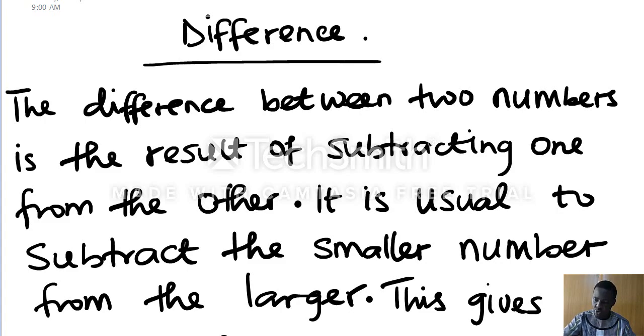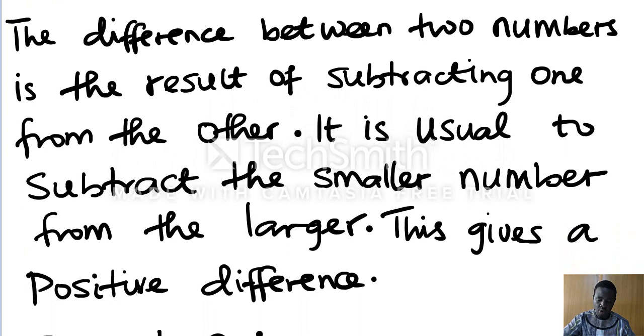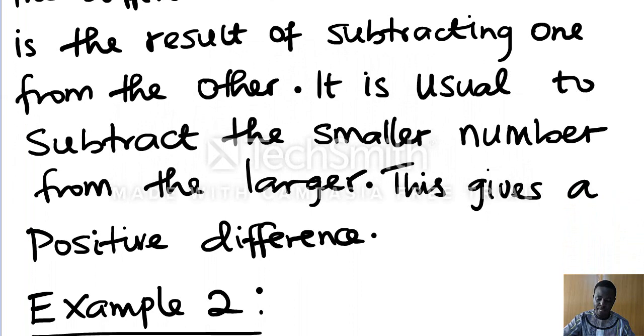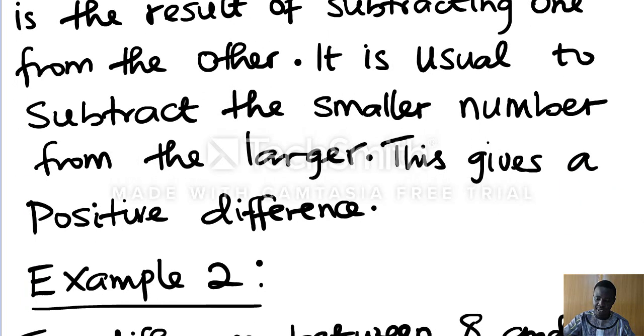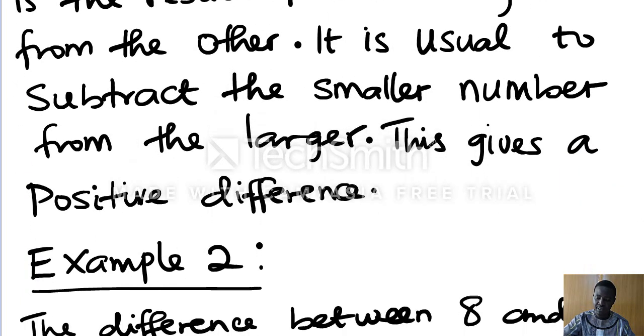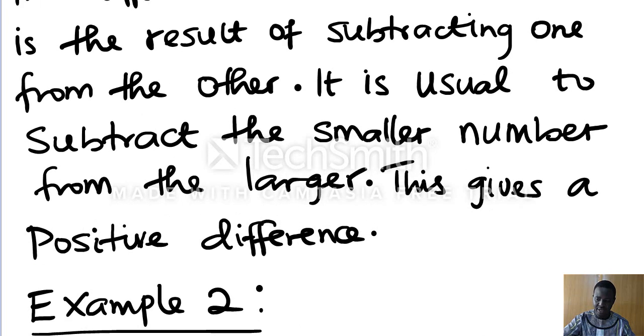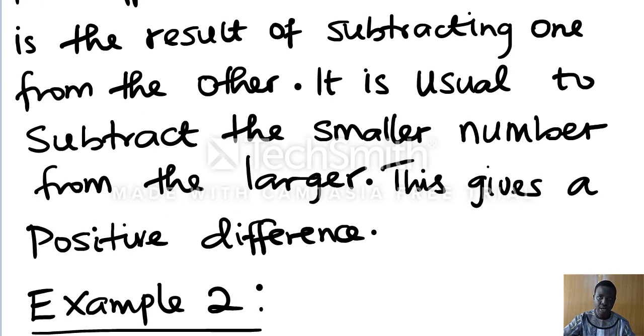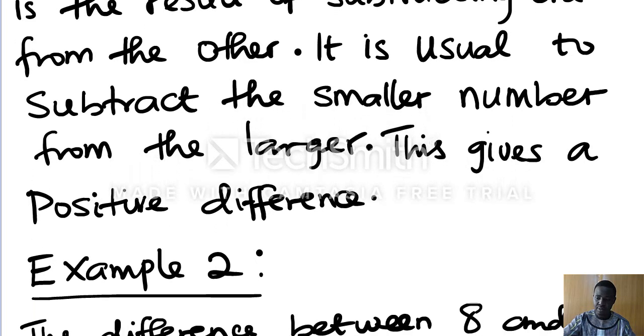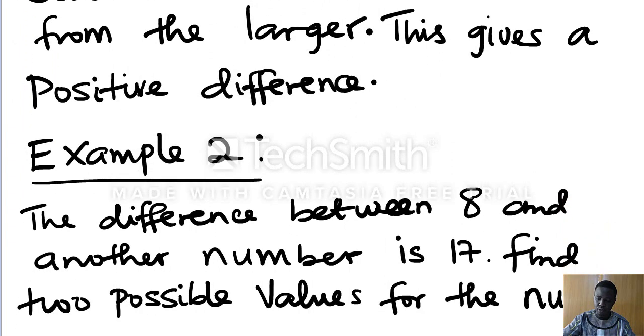It is usual to subtract the smaller number from the larger. This gives a positive difference. But if you should do the reverse, subtracting the bigger number from the smaller number, then you are going to have a negative difference. So difference is by subtracting the smaller number from the bigger number to get a positive difference.